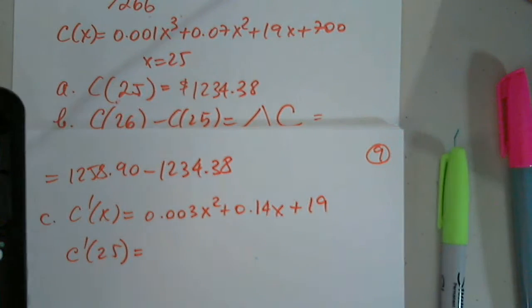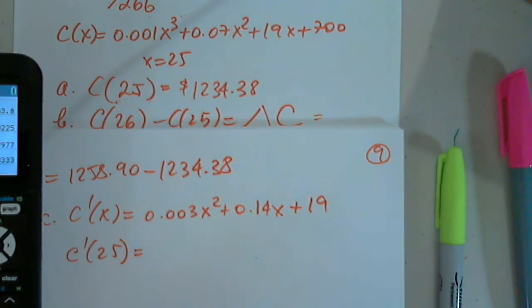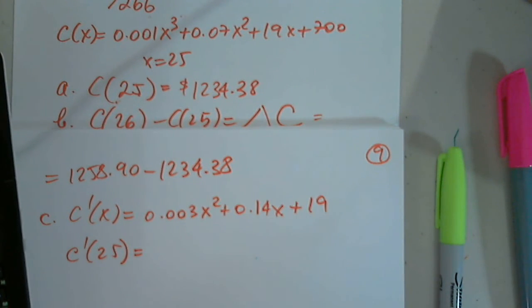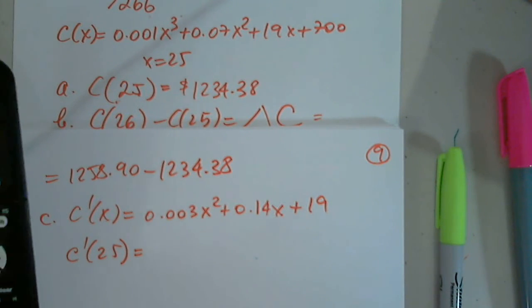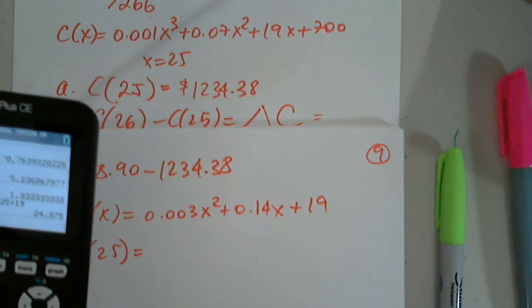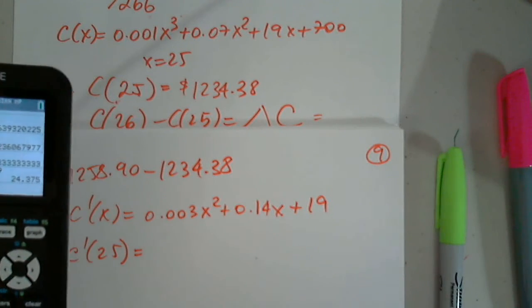So 0.003 times 25 squared, which is 625, plus 0.14 times 25, plus 19.